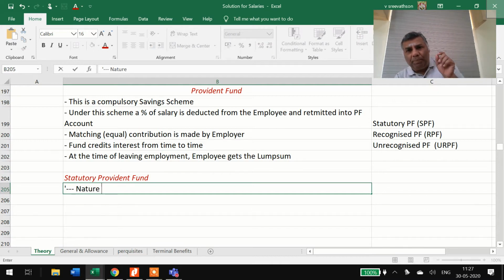In statutory provident fund, for government employees.